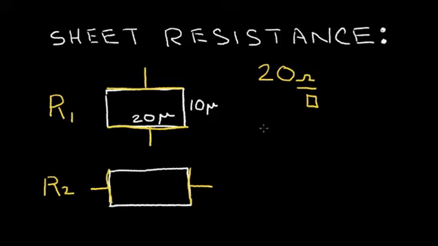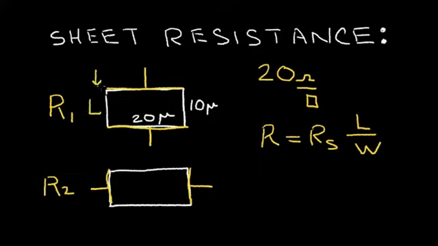So recall that resistance is equal to the sheet resistance, R sub S, times the number of squares, which is the length of the resistor divided by the width of the resistor. In the case of R1, the length is this dimension, always in the direction of the current flow. And the width is the 20 microns.